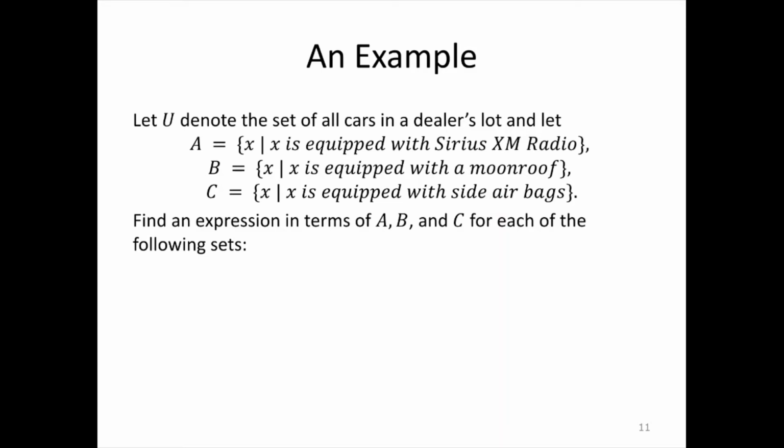Now if you want the set of cars with at least one of the given options, it means that the car is an element of either A, B, or C, or maybe two of them, or maybe all of them, because this is only at least one.